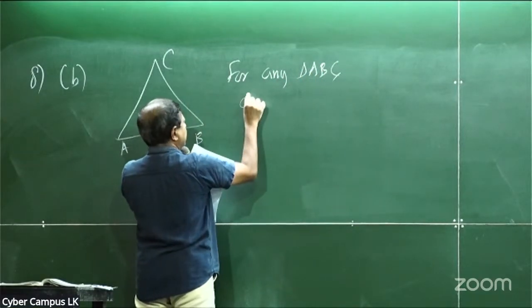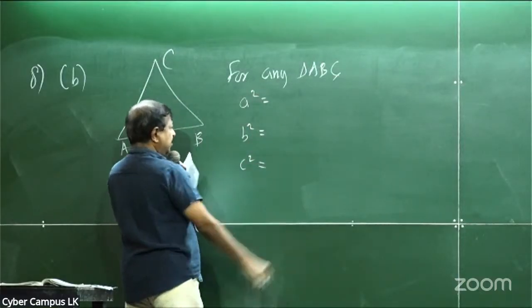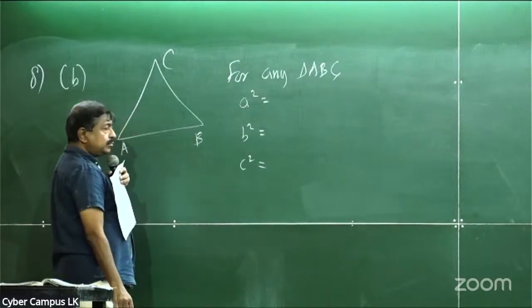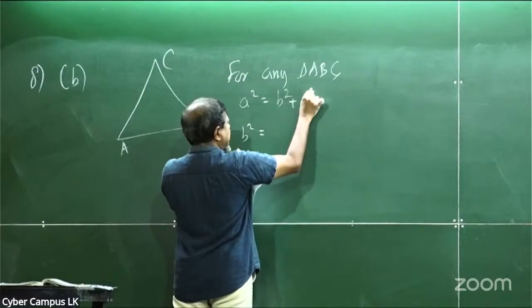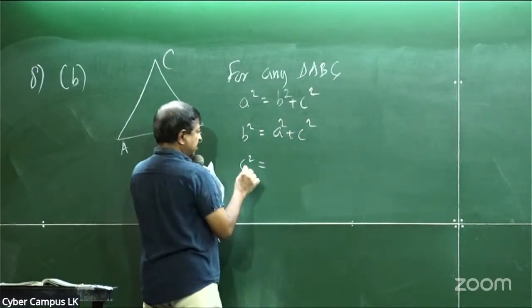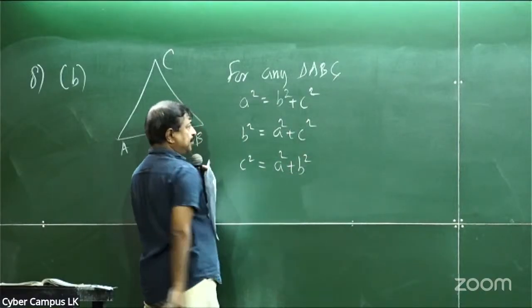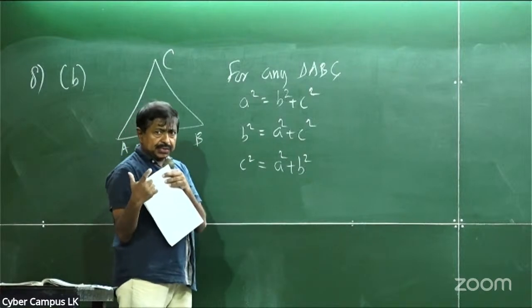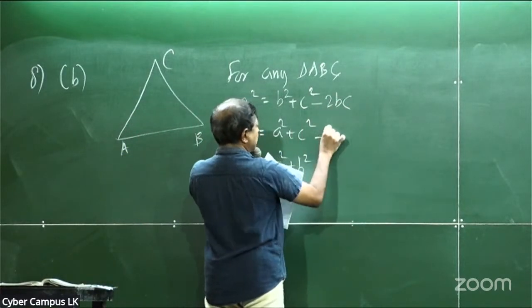You know, there are 3 results. It is like Pythagoras theorem. For this, you get b squared plus c squared. For b squared, you get a squared plus c squared. For c squared, you get a squared plus b squared. Then it is like b minus c quantity squared. You get 2bc. Here you get 2ac.